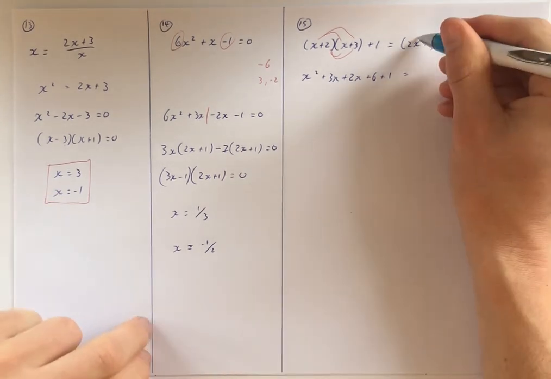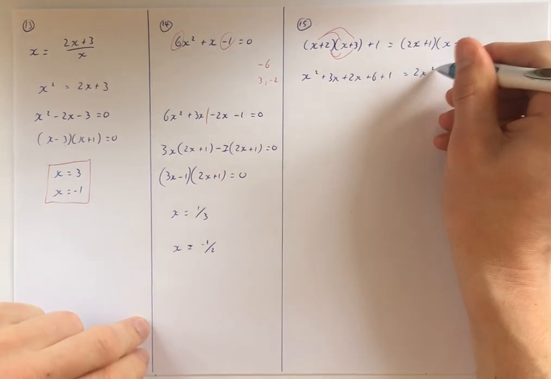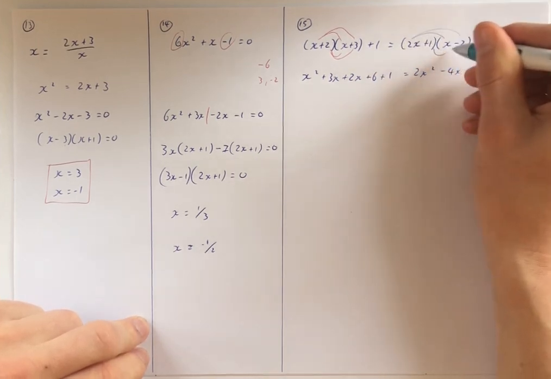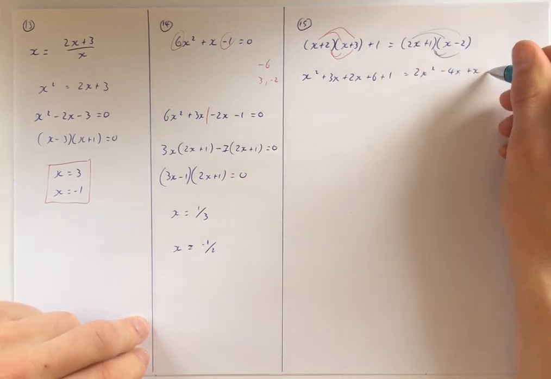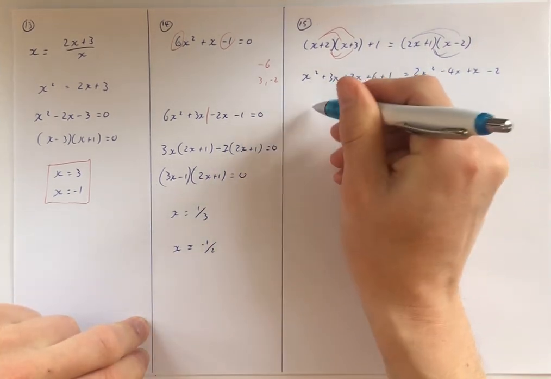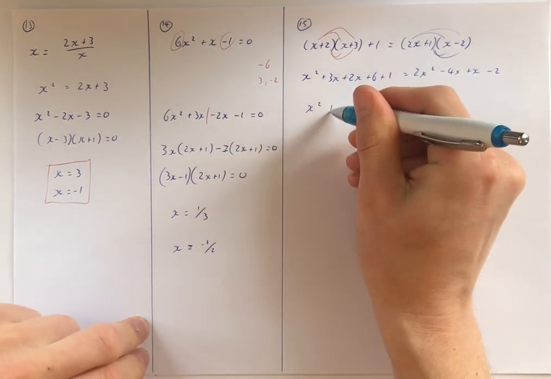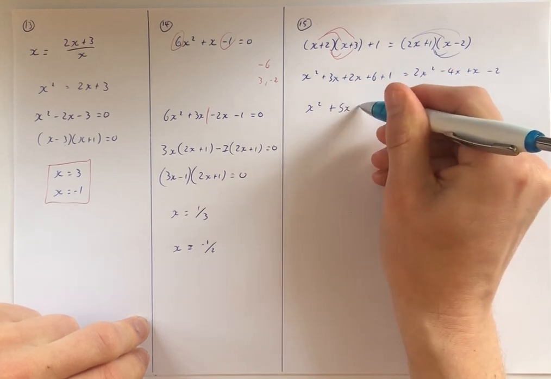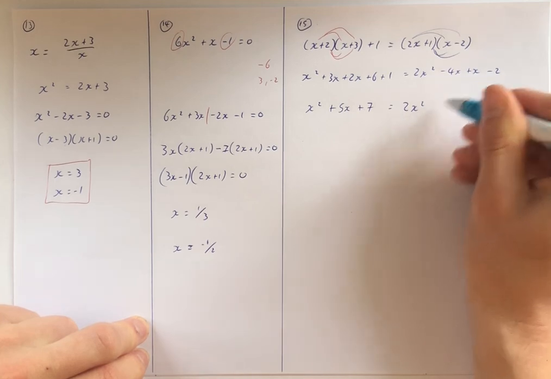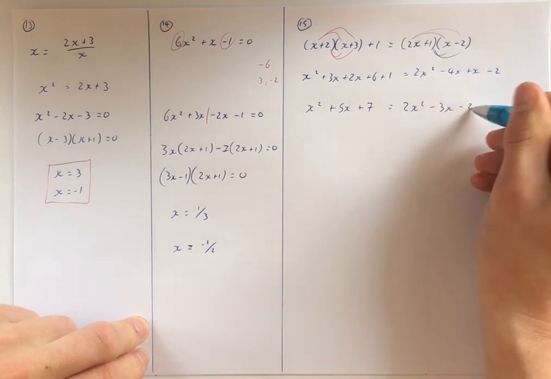That's going to be equal to, expanding this side out, 2x squared minus 4x plus x minus 2. Now let's just collect like terms on both sides. So x squared plus 5x plus 7 is equal to 2x squared minus 3x minus 2.